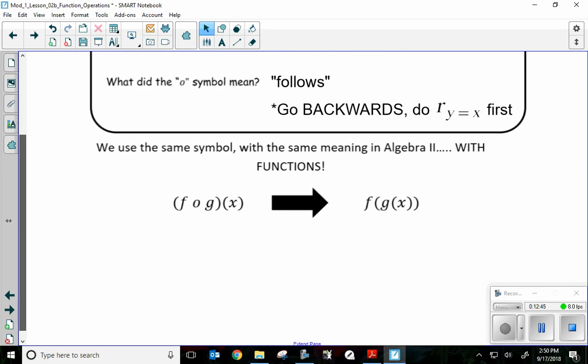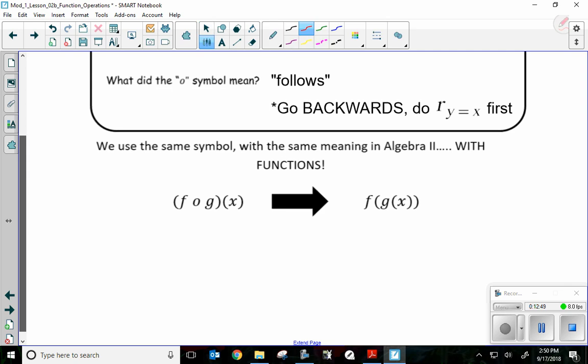The easiest way to remember this, in my opinion, you have f of g of x. That's how it's pronounced. F of g of x. Whatever is closest to the x, you do that first. I have my g, put that in parentheses. I figure out what this is, and then that goes into f.